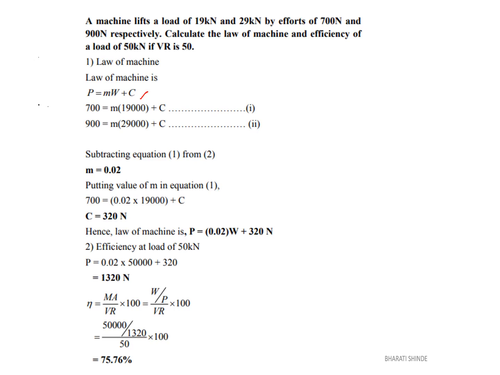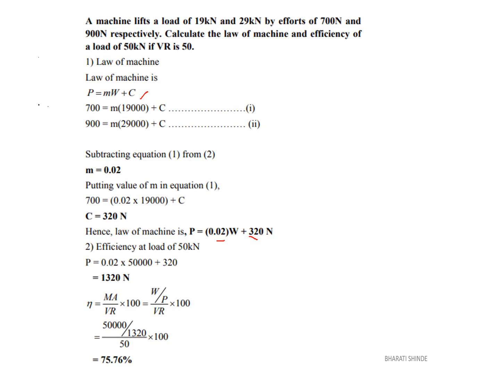So when we get these two equations, then subtract equation 1 from 2, then we will get m is equals to 0.02. For finding c, put m is equals to 0.02 in any one of the equation, and we will get c is nothing but 320 Newton. And as we got m and c, so write down law of motion, that is P equals to mW plus c, in which put the values for m and c. So this is m and this is c.